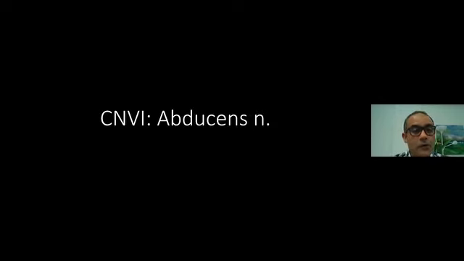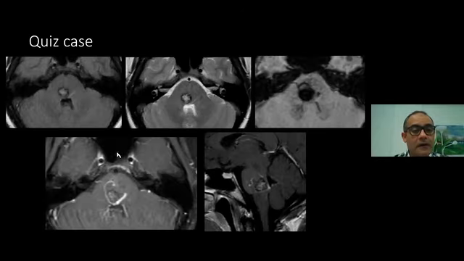Here I'm showing you this case, and you have all the important images. You have T1 pre-contrast, a T2, an SWI, and post-contrast images in both axial and sagittal views. Just focus on the location of the lesion.